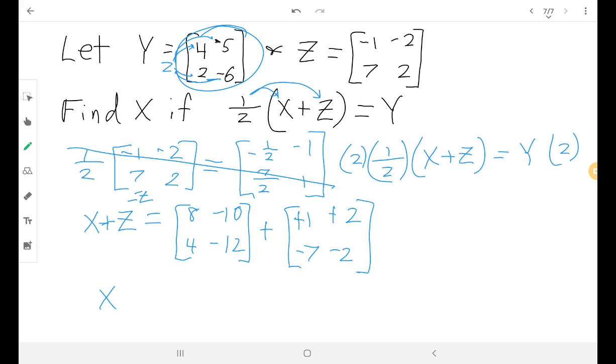So that would mean matrix X would equal 8 plus 1, and I'll do that with each one, is 9, and negative 10 plus 2 is negative 8, and 4 plus negative 7 is negative 3, and negative 12 plus negative 2 is negative 14. Oh, and it's negative 3. I apologize for that.